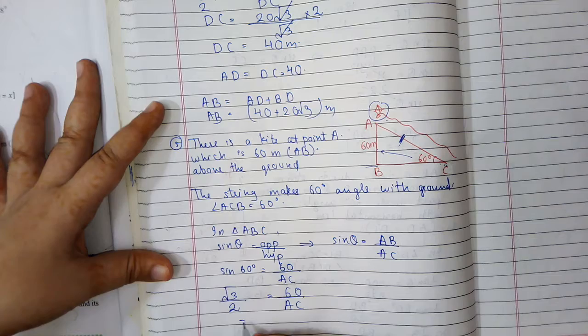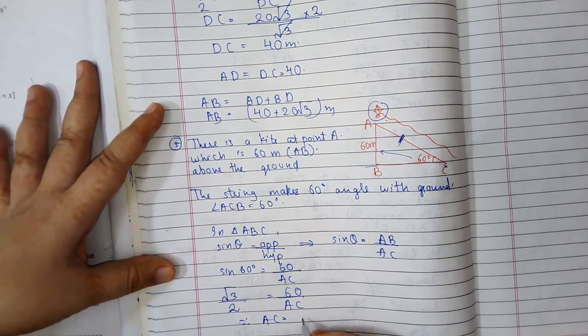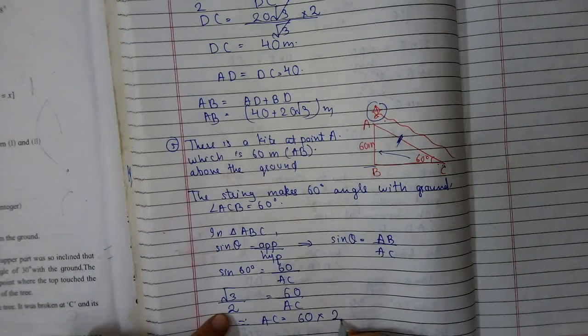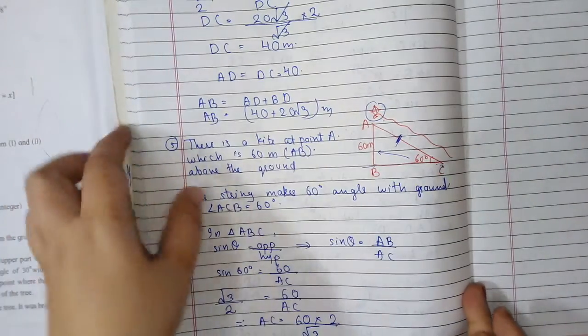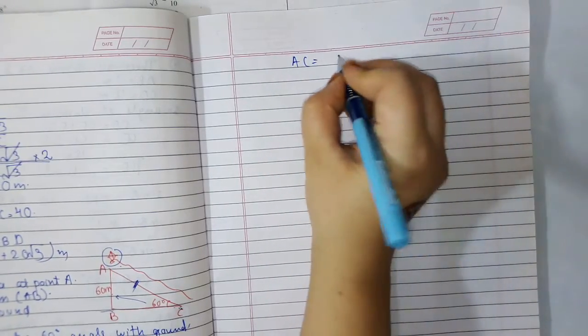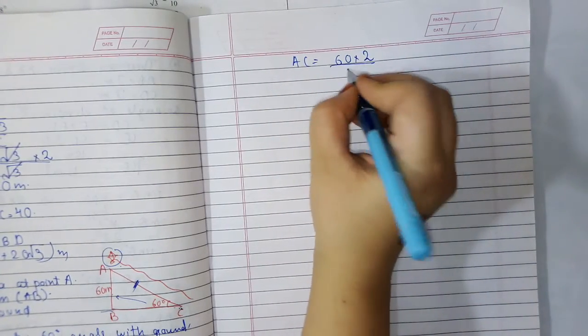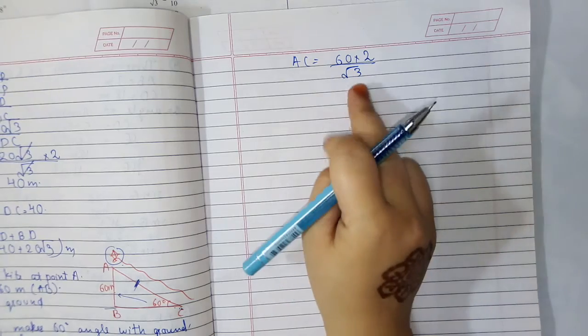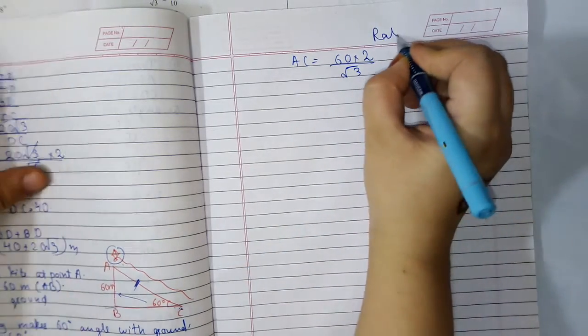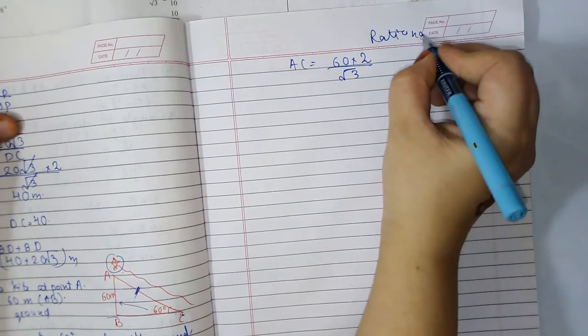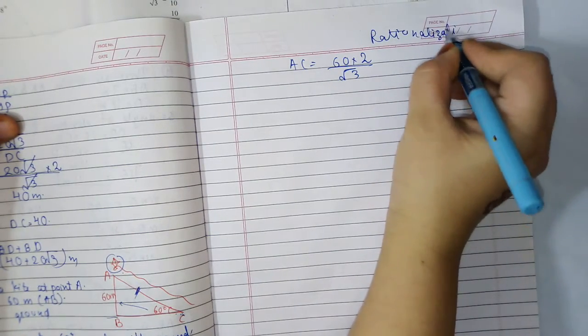Therefore AC is equal to 60 multiplied by 2 upon root 3. Now let's solve this. AC is equal to 60 into 2 upon root 3. Wherever there is a root 3 in the denominator, we do rationalization of root 3.